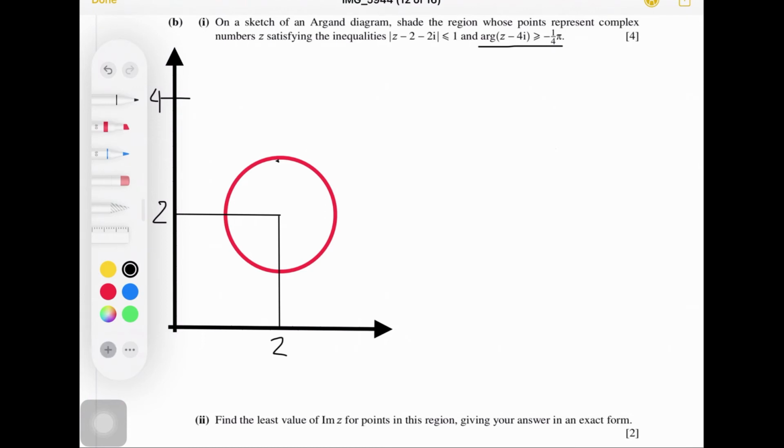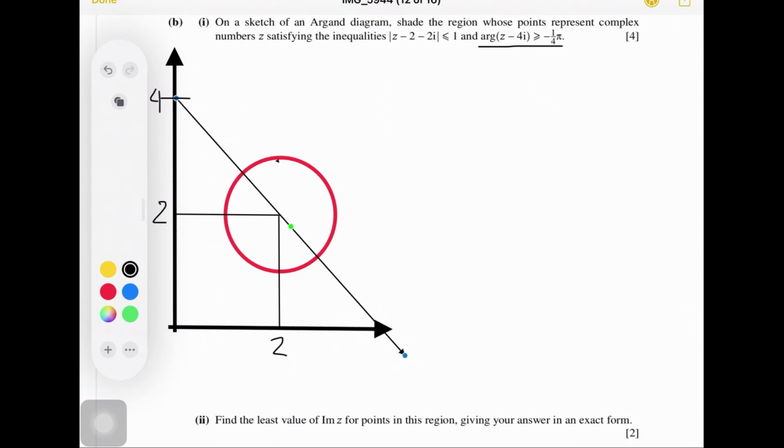We start the line from point 0,4 and then draw the argument negative pi over 4.